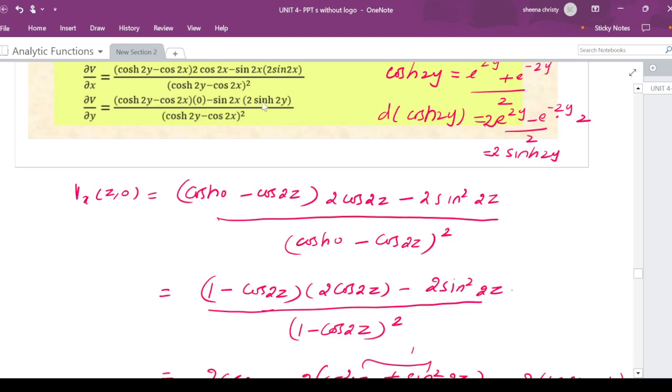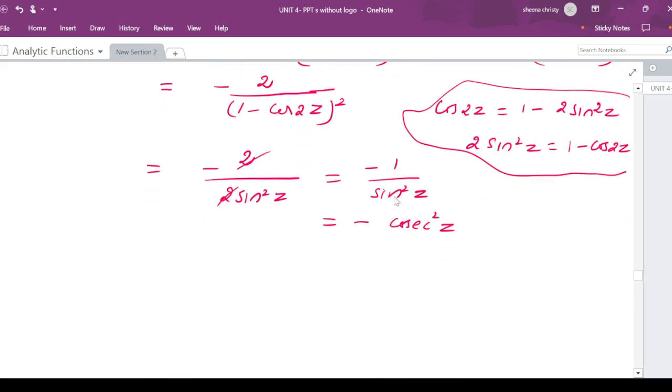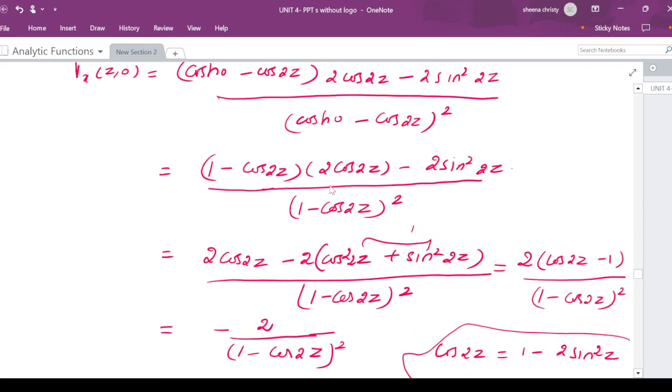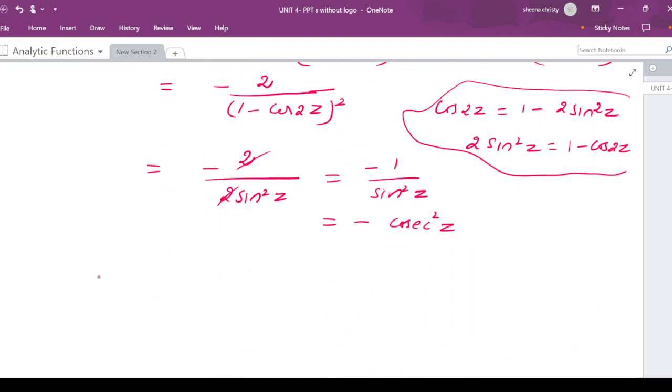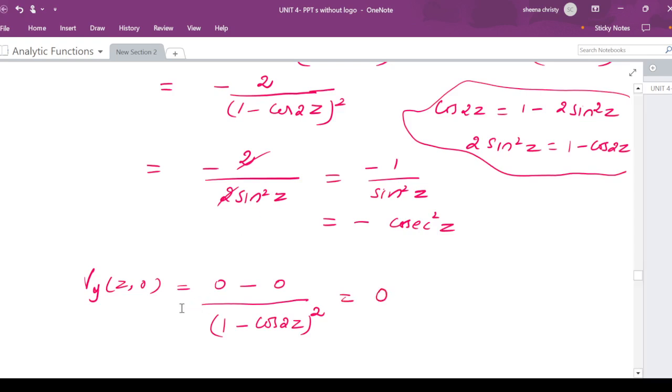Minus 2 times sine hyperbolic 0 is what? 0 itself. So the numerator part, you are getting entire term as 0. Therefore, Vy of z comma 0 is going to be 0 divided by cos hyperbolic 0, which is 1, minus cos 2z the whole square. Since the numerator gives you 0, the entire function Vy of z comma 0 is 0 itself.